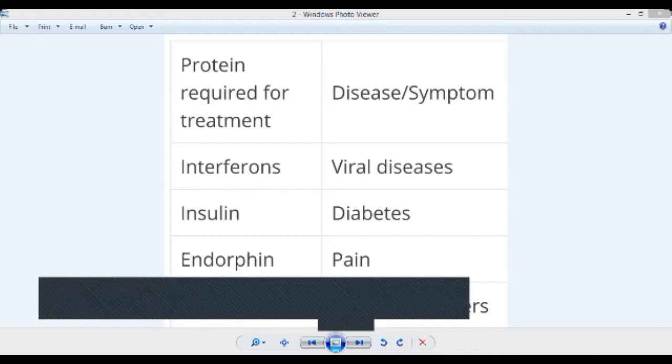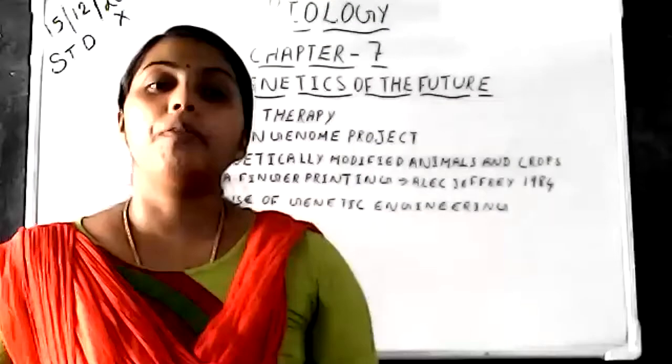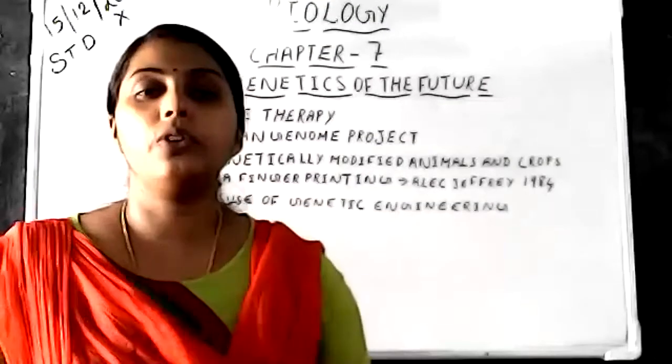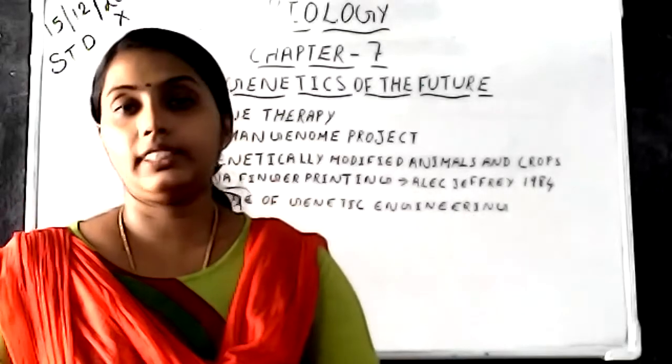Then insulin, for the treatment of diabetes. Then endorphin, another protein, produced for the removal of pain. Then somatotropin, a hormone, produced for the treatment of growth disorders. These are the proteins and hormones we can artificially produce for the treatment of various diseases.